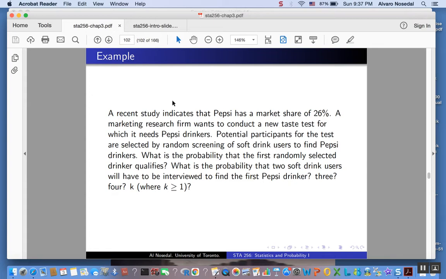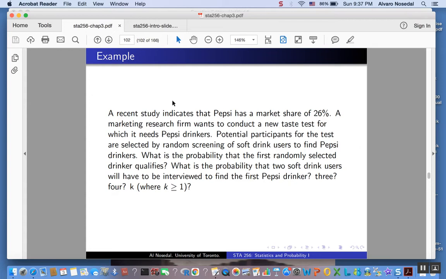Then a similar probability: what is the probability that they need to interview 3 individuals in order to find the first Pepsi drinker.